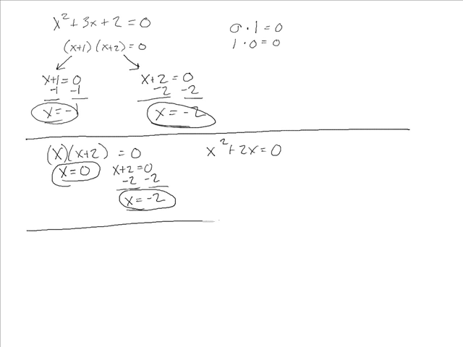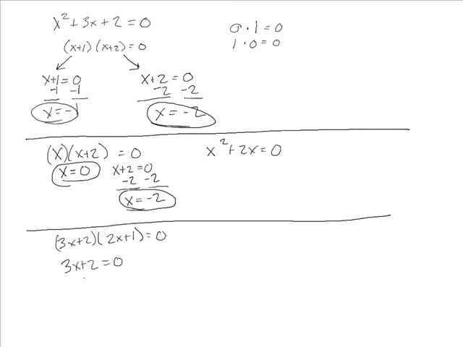All right, how about one where my answers won't be integers? Let's look at 3x plus 2 times 2x plus 1, and of course, equals 0. Since it's already factored, all I need to do is set each factor equal to 0. 3x plus 2 equals 0. The first thing here, I want to deal with addition or subtraction before I try to tackle the multiplication.